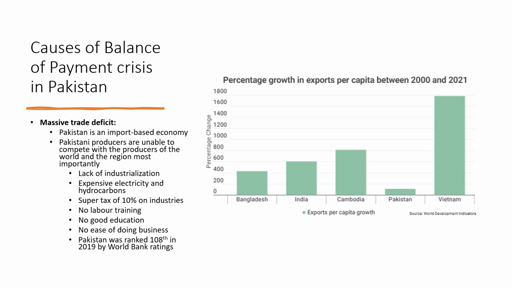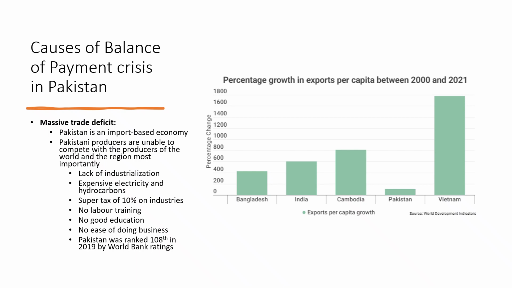Pakistani producers are unable to compete with the producers of the world and the region, most importantly. But why are Pakistani producers unable to compete with the producers of the world and the region also? Well, there are definitely some reasons. First of all, lack of industrialization. We all know that there are few industries in Pakistan, and the electricity is expensive and the hydrocarbons are also expensive.